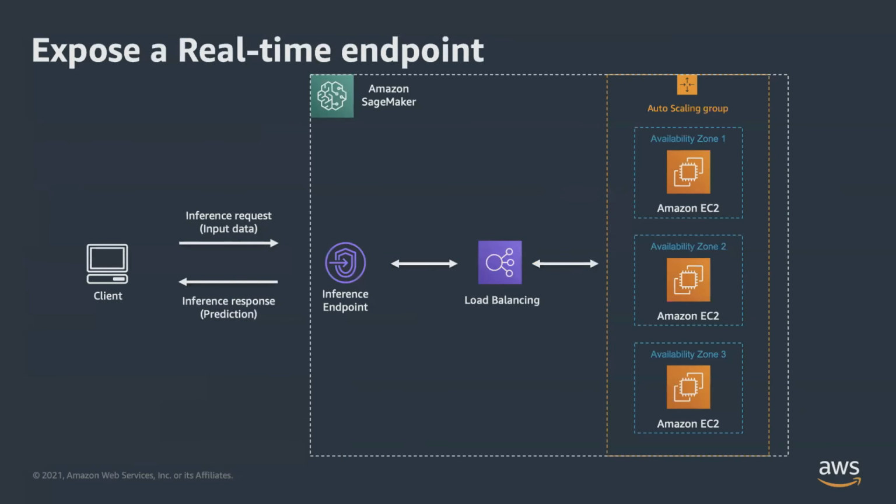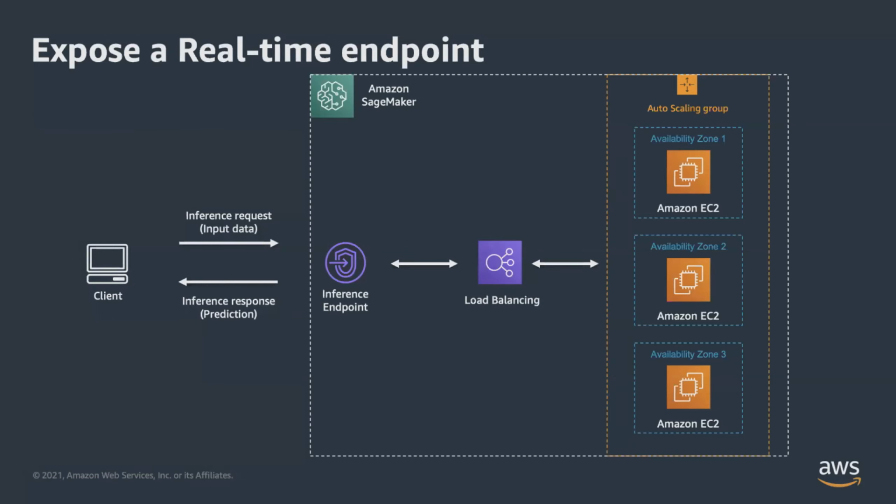Under the SageMaker endpoint, there's actually a load balancing setup and an auto scaling group. When your users interact with endpoints, it can also trigger different scale up or scale down rules, depending on your setting.